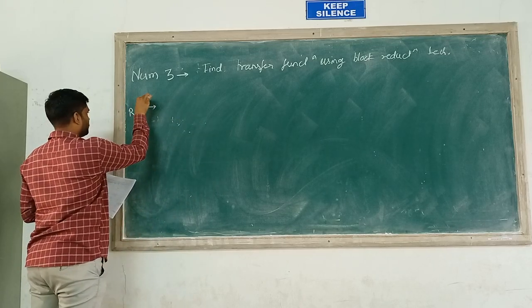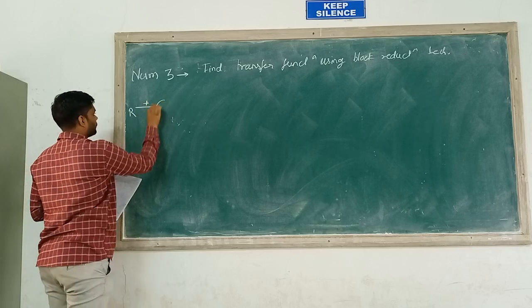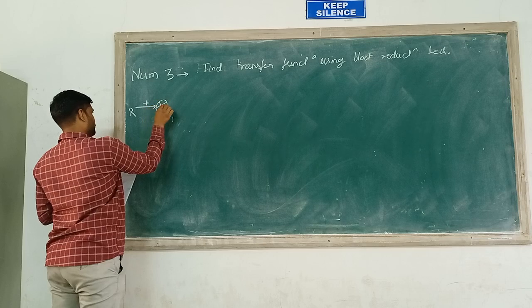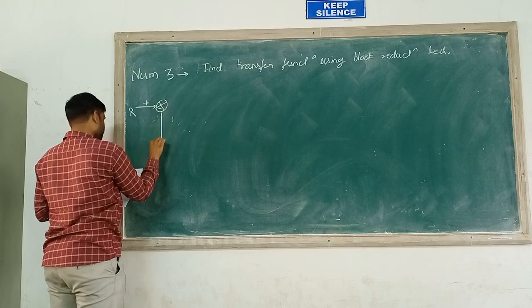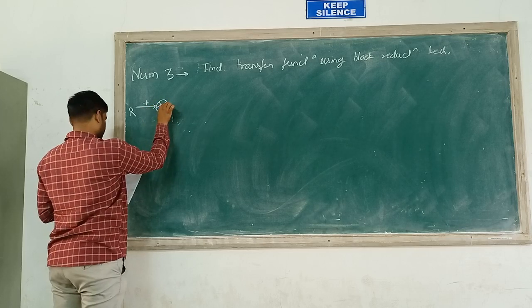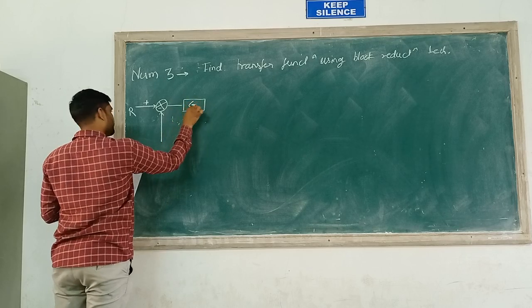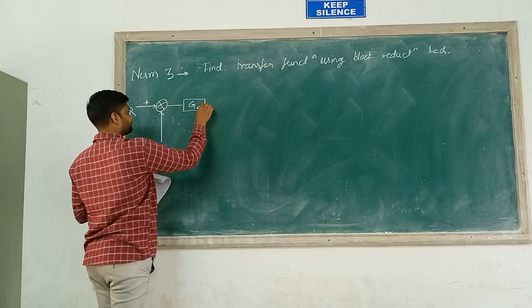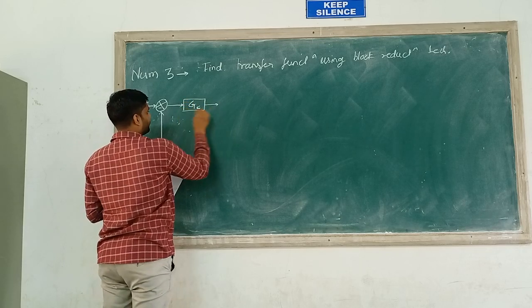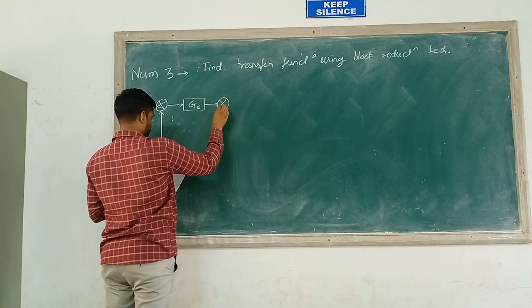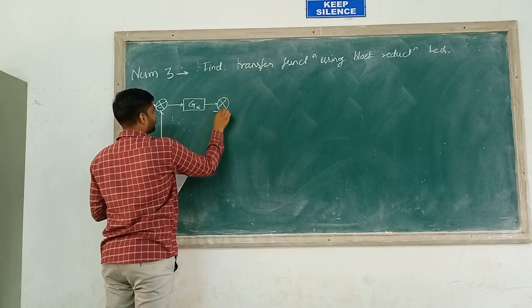This is the input. Input is always positive. Here we have a summing block. This is block G of C. Again we have a summing point here, which is minus.